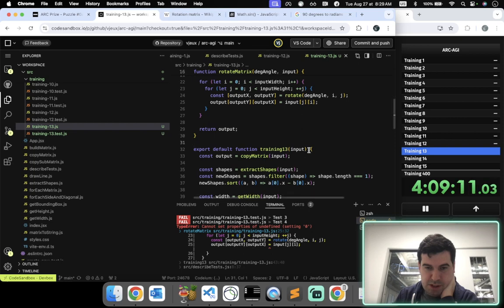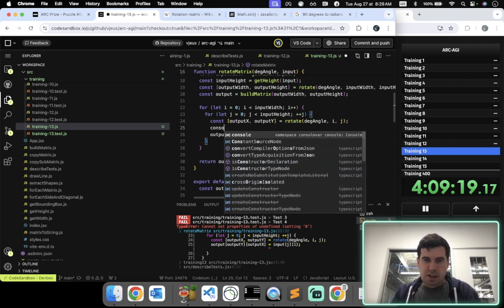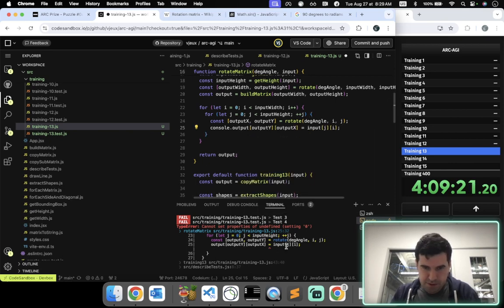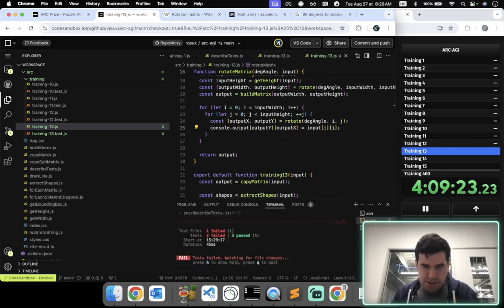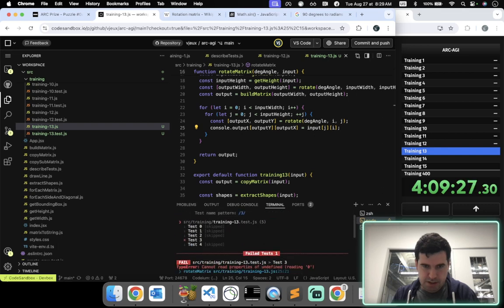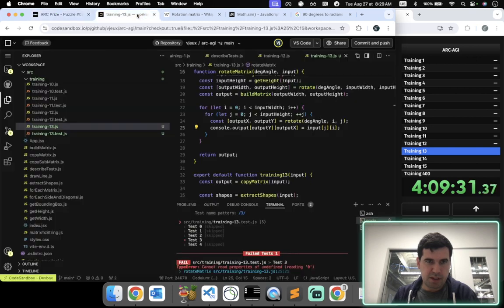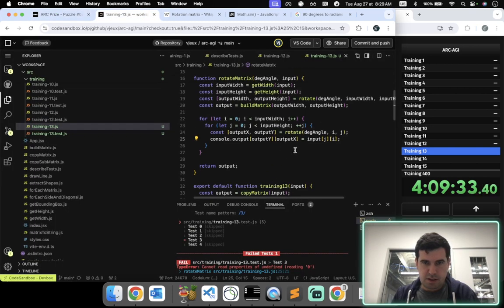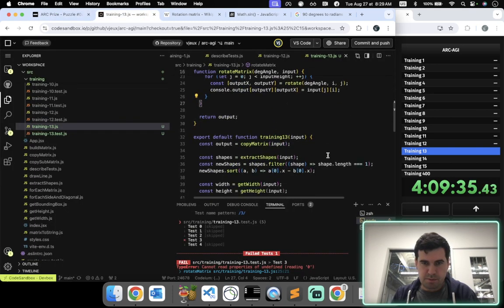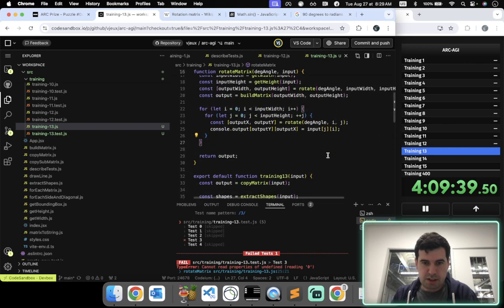So the output Y, okay, so let me first, what I want is to test the third one. Okay, now the third one should be this one. So where am I?